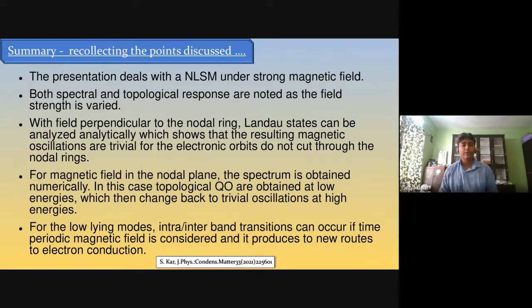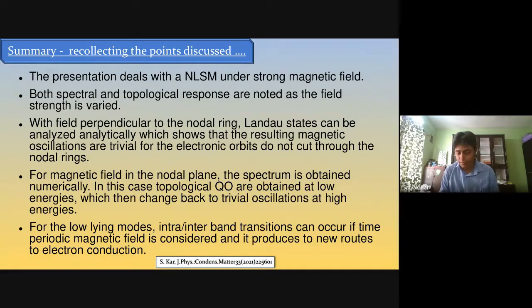A further thing we can mention here is that if we have an alternating variation of the magnetic field in the region of interest that we have been discussing, we can have these Landau states which are situated very close by in momentum space.